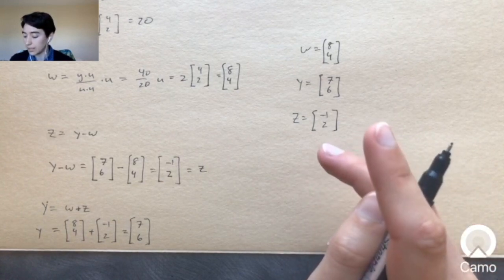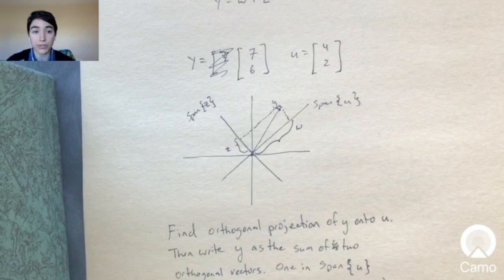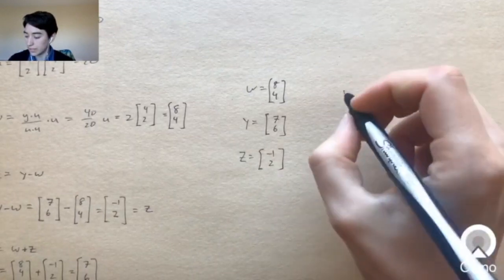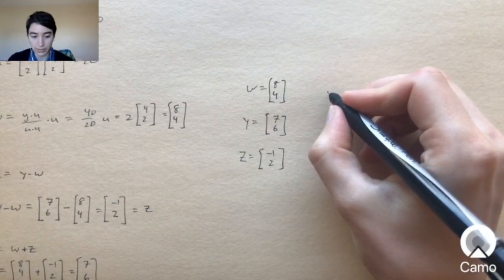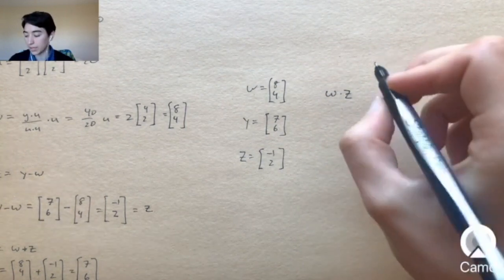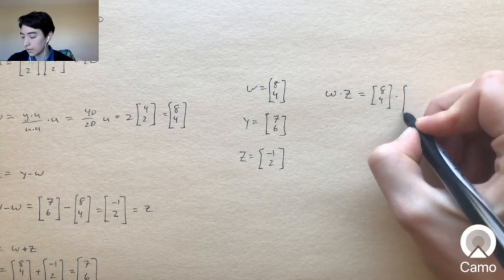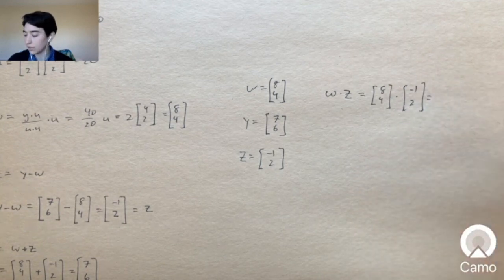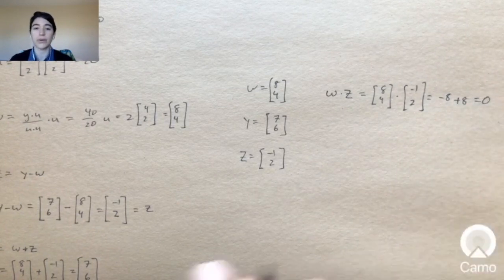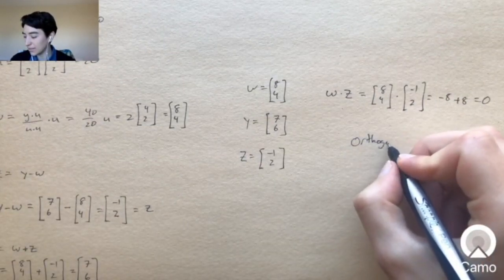Our whole point was that they should be orthogonal to each other and they should be basis vectors. So let's do our test for orthogonality, which is w dot z, which is equal to 8, 4 dot -1, 2, which is equal to -8 plus 8, which is 0. They're orthogonal. Cool! Orthogonal. Check.